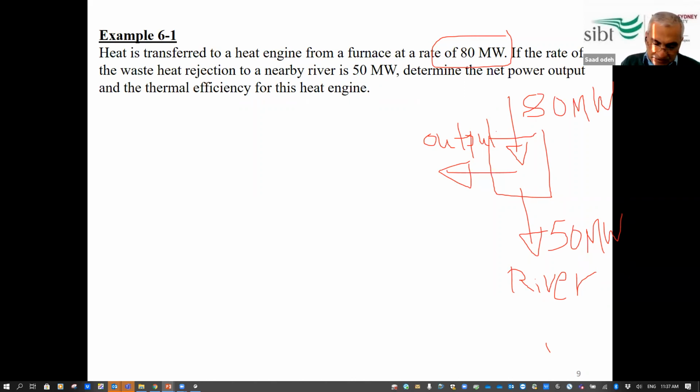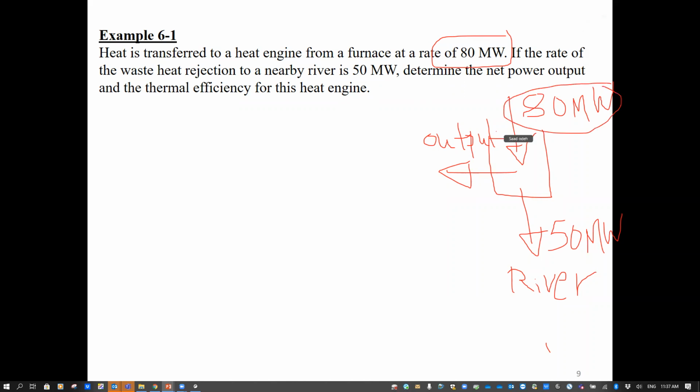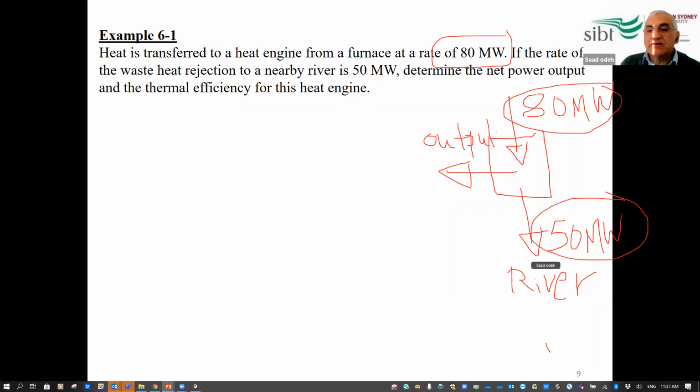So what's the output? It's going to be 80 minus 50, 30. That's right, very simple. So straightforward. So output is always input minus what we rejected to the surroundings.